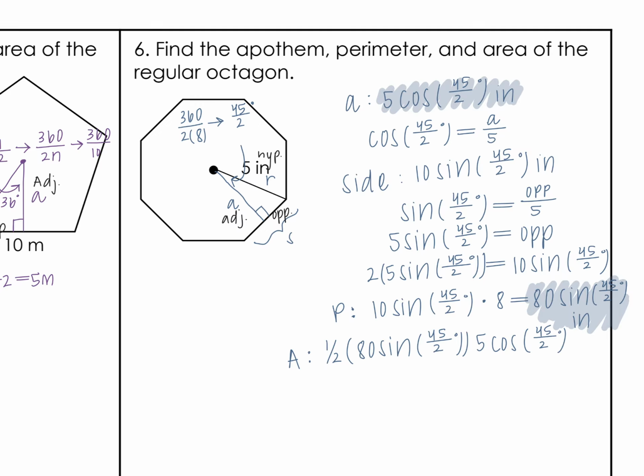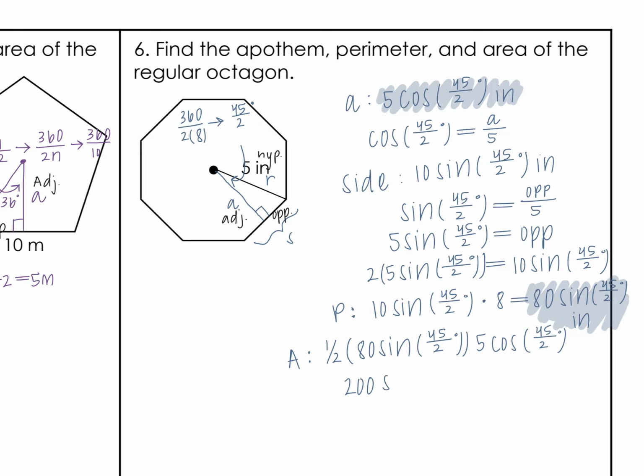Okay, and like what we've been doing, we're just worrying about those outside numbers, not the sine, the cosine, and what's inside of them, to simplify. So 1/2 of 80 is going to give me 40. And then that 40 times my 5 is going to give me 200.